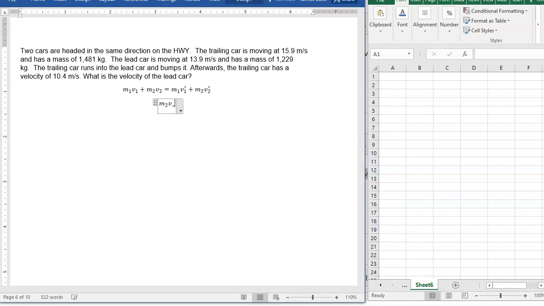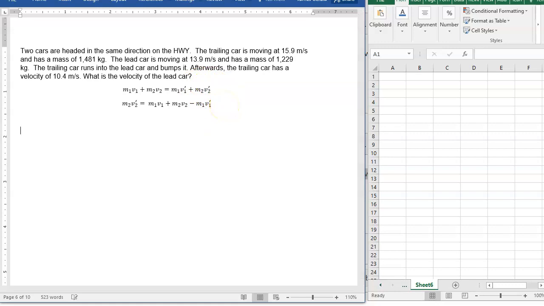m2 v2 prime equals, I'm going to copy this, but that is now minus, all right? So m1 v1 plus m2 v2 minus m1 v1 prime equals m2 v2 prime.